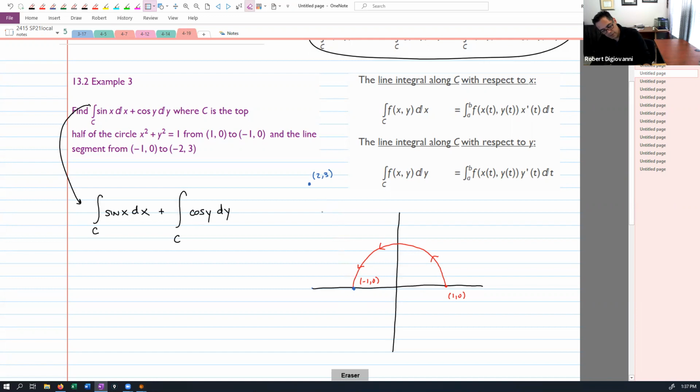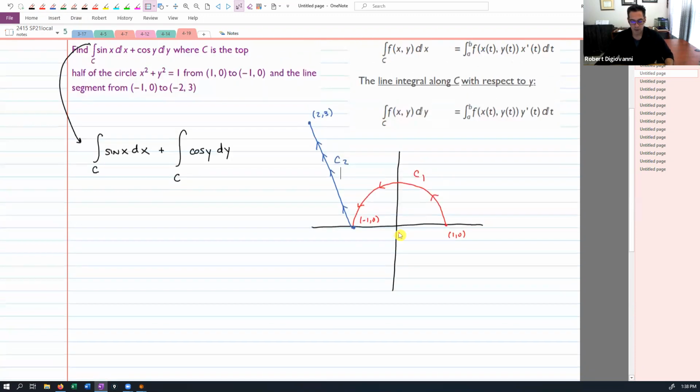Okay, I missed. There we go. So that's the whole thing together is C. But obviously, since these are different curves, we're going to have to break it up into two pieces. So we're going to call this C1 and we'll call this other one C2. Any questions on that?